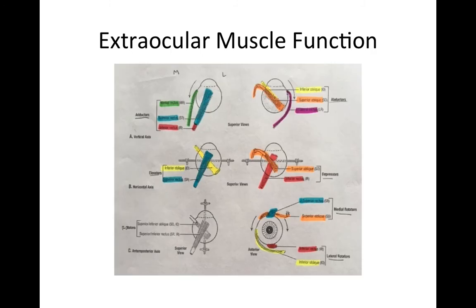Now, it's also important for us to note the function of these muscles, because if we're going to be monitoring any of these cranial nerves when we see our patient preoperatively, we would do our normal neurological evaluation for the muscles that are at risk.